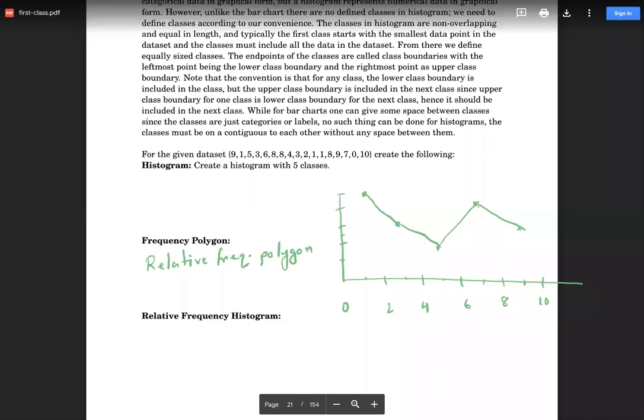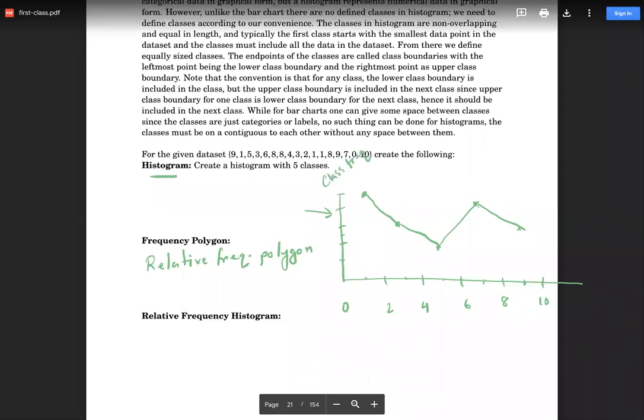What it is, again, instead of putting the actual height, you put the relative frequencies. So 17 divided by, the way we did it, in this case 5. So on the vertical axis, you're going to put the percentages. Like in the regular histogram, along the vertical axis, you put the class frequencies, right?